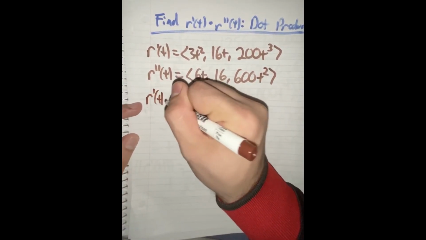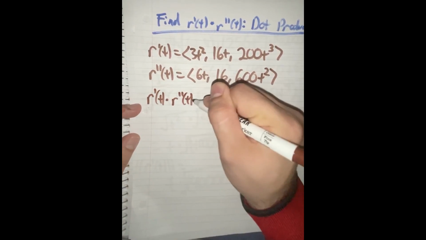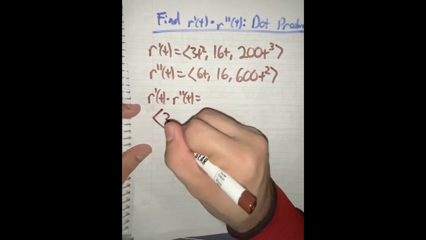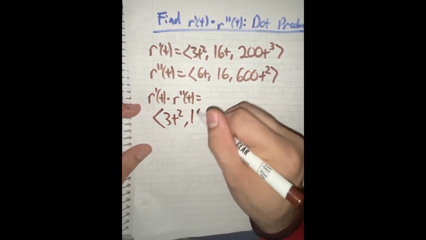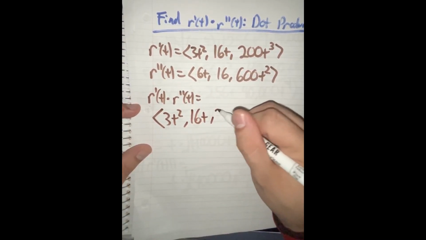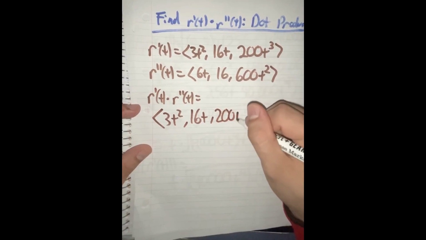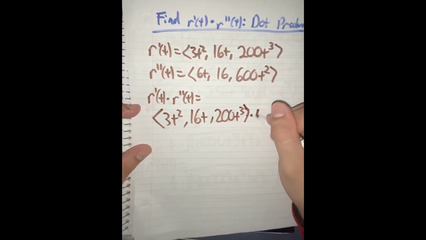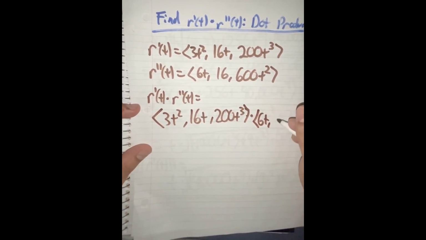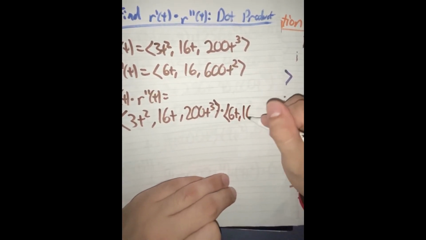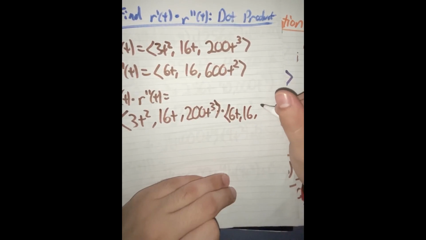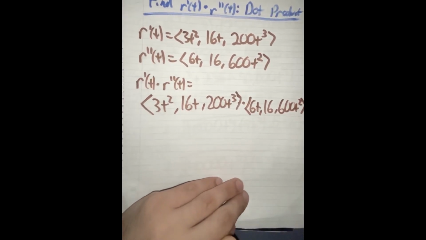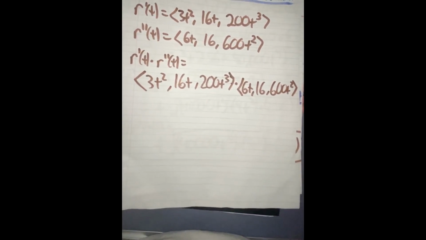r prime of t dotted with r double prime of t is equal to 3t squared, 16t, 200t cubed dotted with 6t, 16, 600t squared. Don't confuse those. And when we dot these, we'll multiply like terms together.